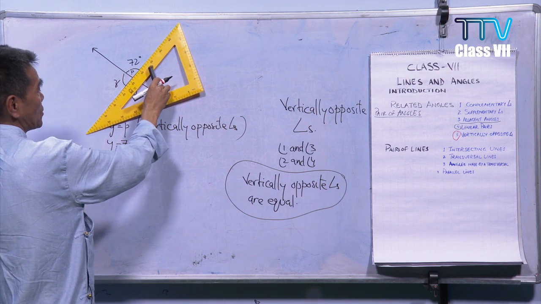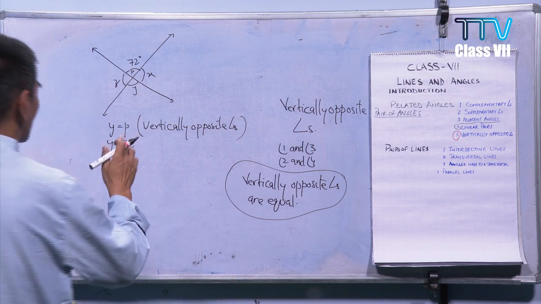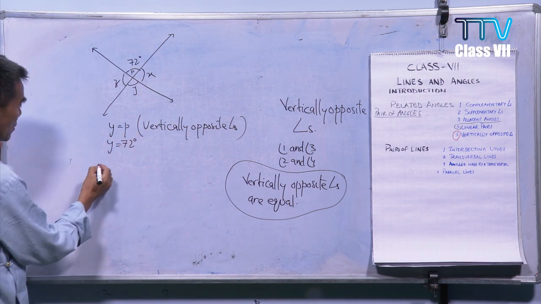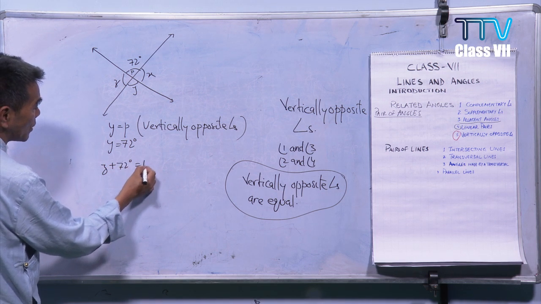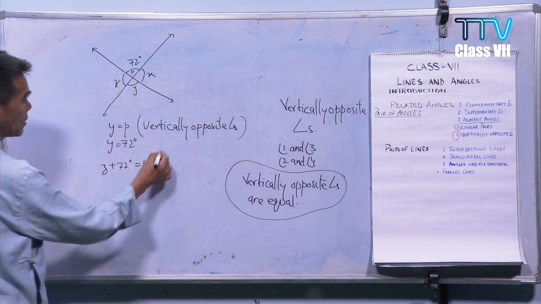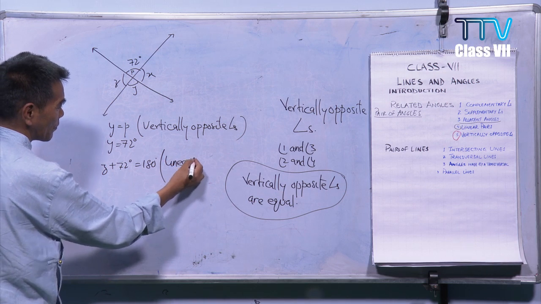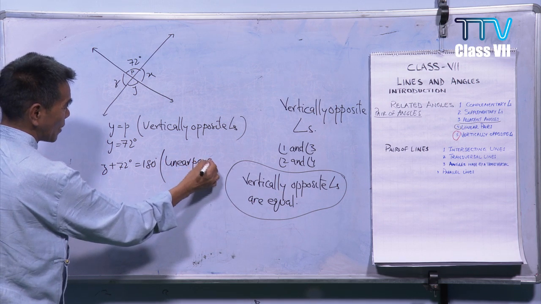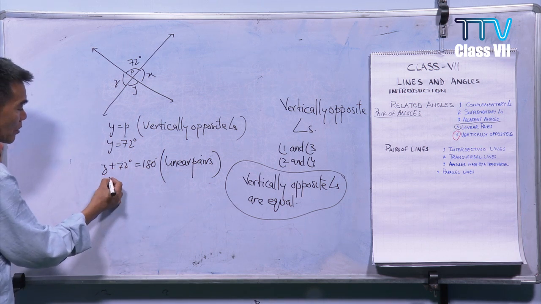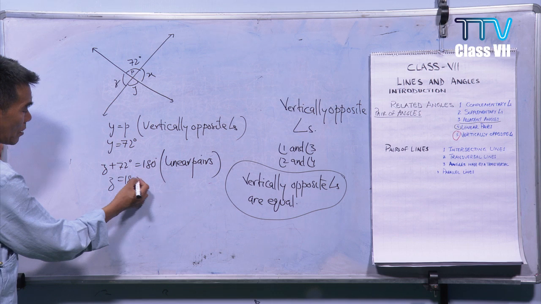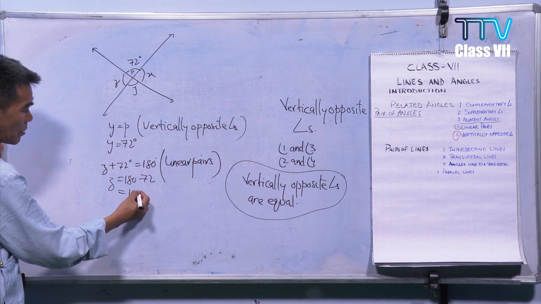So z plus 72 degrees is equal to 180 degrees, because these two angles are a linear pair. The equation becomes z equals 180 minus 72. You subtract, we get 108 degrees.